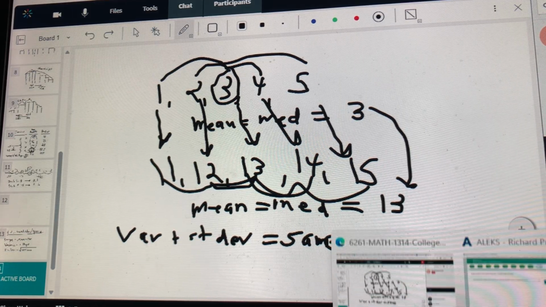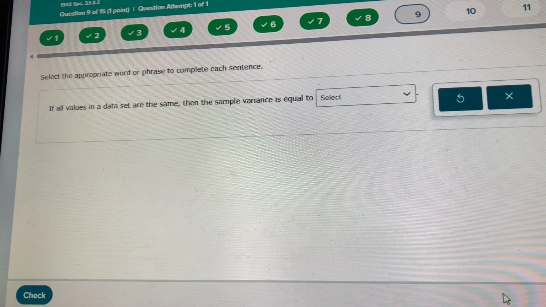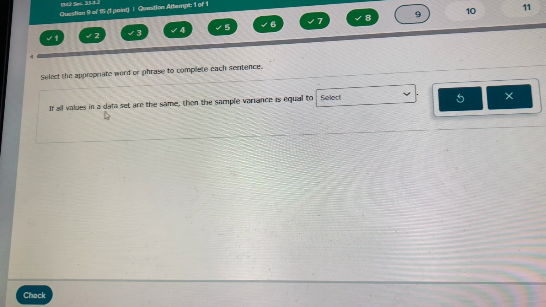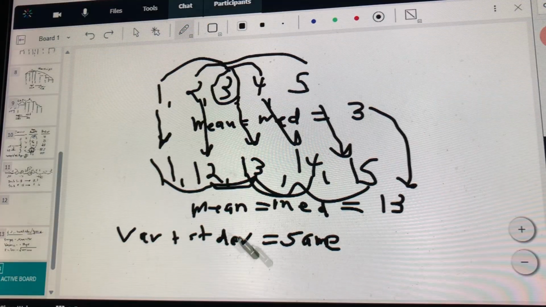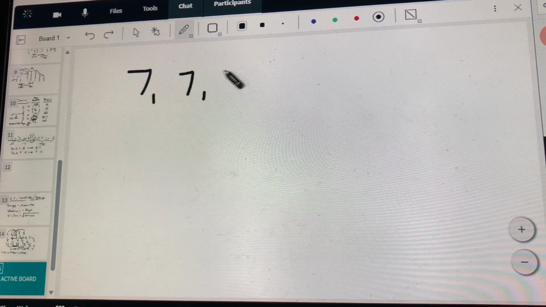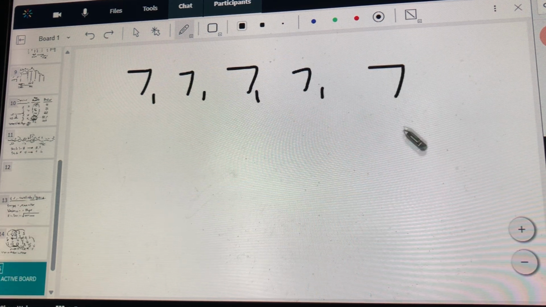So actually, I just saw this problem, and this is not what it's actually asking for, but they might ask that later. This says if all the data values are the same, what would happen to the sample variance? So say every number was the same. Say that you had 7, 7, 7, 7, and 7. Well, how far are they spread out from the middle?